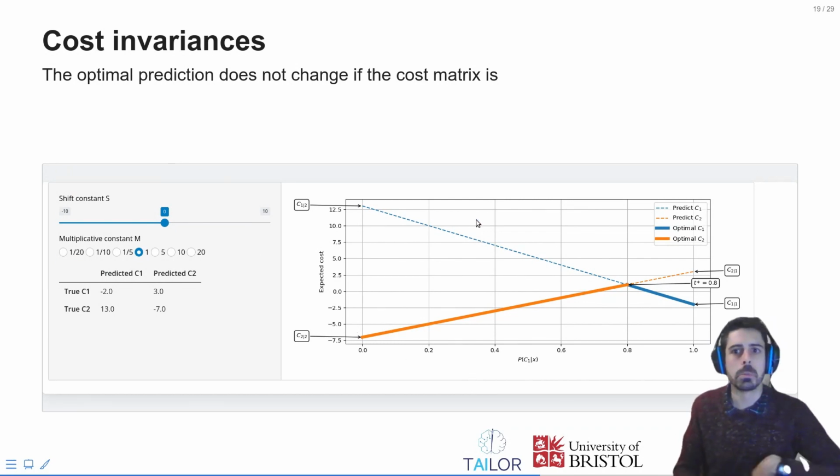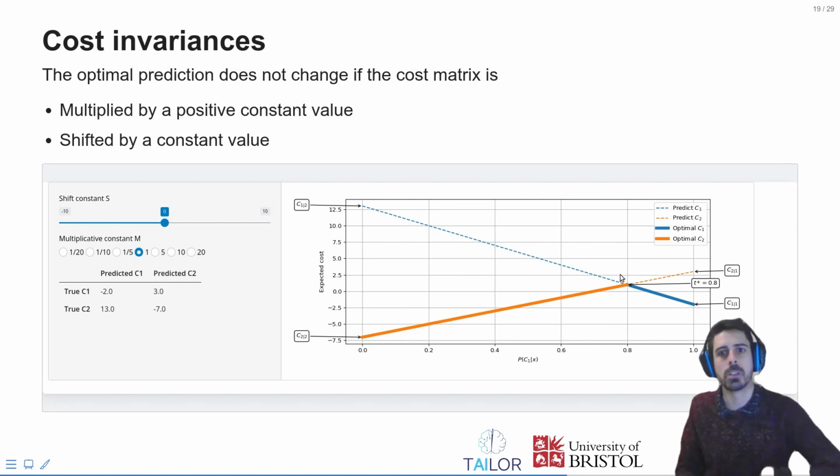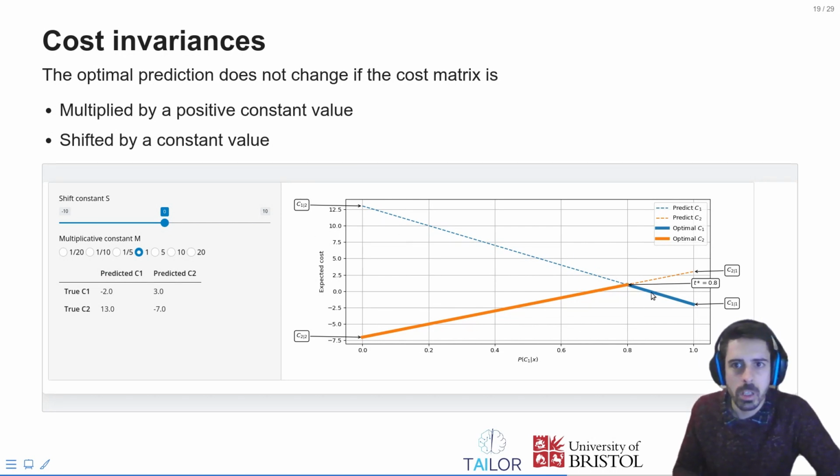In this example, we see that the optimal prediction, basically the threshold, doesn't change if the cost matrix is multiplied by a positive constant value or shifted by a constant value. Here we have a fixed cost matrix, which is this one, but then we will shift it, I just assign -10 to +10, and multiply it by a constant value m.